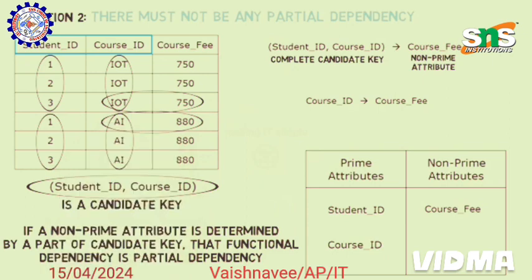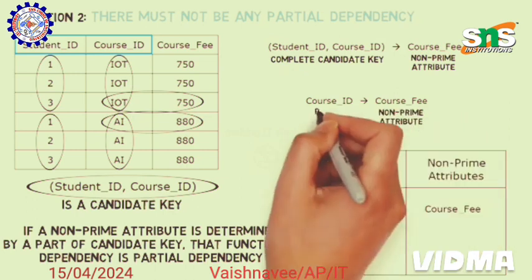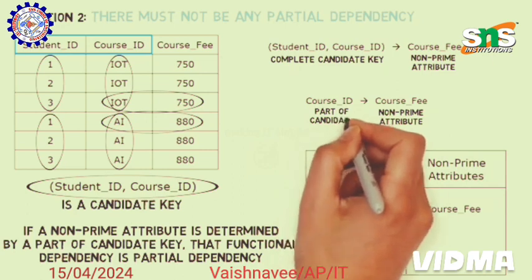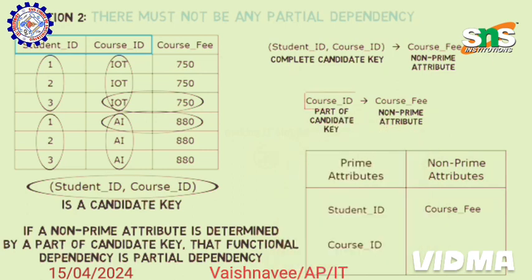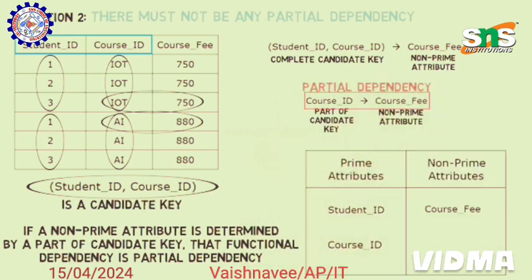Now in this case, the non-prime attribute course fee is determined by a part of a candidate key, that is course ID. So this functional dependency is a partial dependency. While this is present in a table, it cannot be in second normal form. So we found a partial dependency in this table.